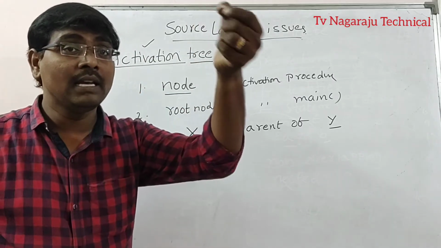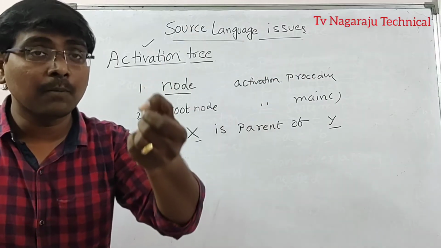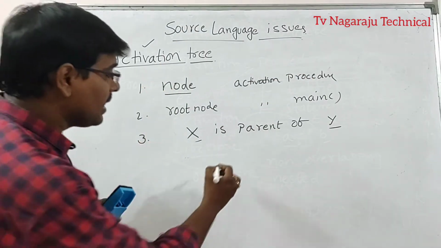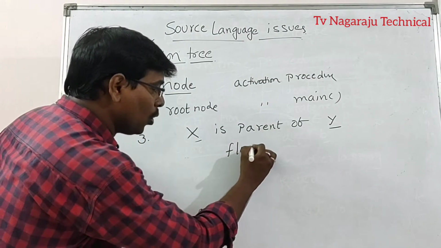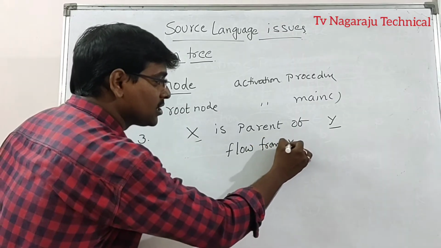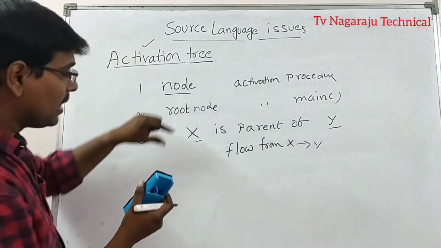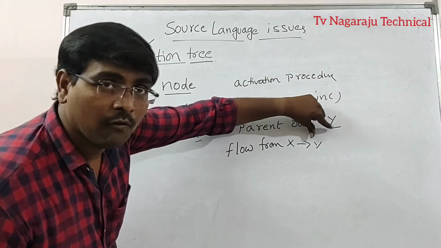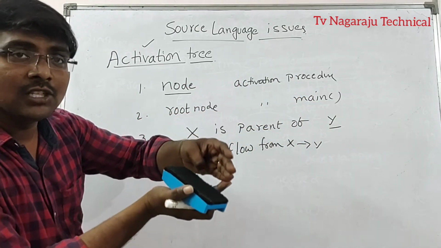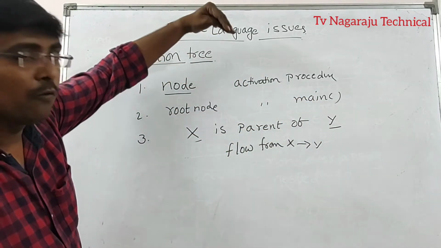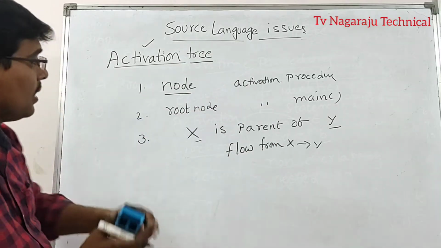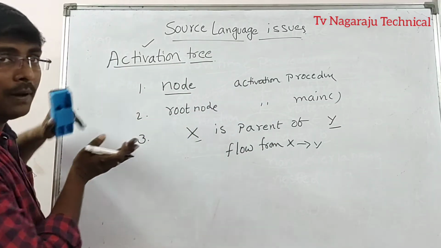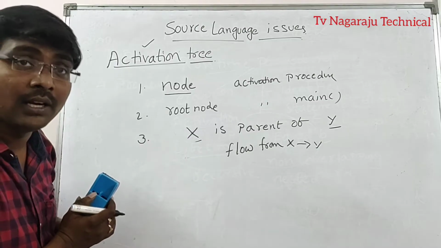Suppose node X is the parent of procedure Y, then there is a flow from X to Y. That is, if X is the parent of Y, in the activation tree you have a flow from X to Y. So these are the properties of an activation tree.